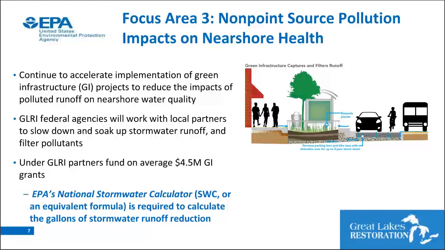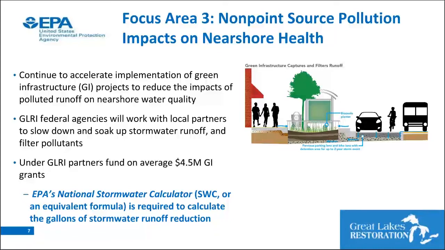And GLRI federal agencies and their partners are committed to accelerating implementation of green infrastructure practices to infiltrate stormwater runoff and implementing watershed management projects in urban and rural communities to reduce runoff and erosion under Focus Area 3.